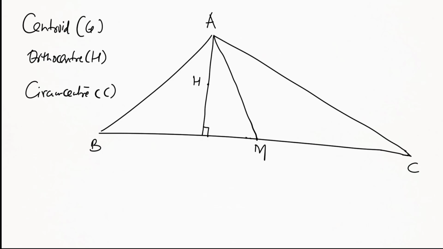Also this is a bisector, right? BM is equal to MC. Median is just a bisector connecting to a vertex, and when this becomes a perpendicular bisector we get the circumcenter, right? So maybe somewhere it is here. This point is C, this point is G. So all these three lie on the same line. This is a property that we are not going to prove. We will just be using the result.